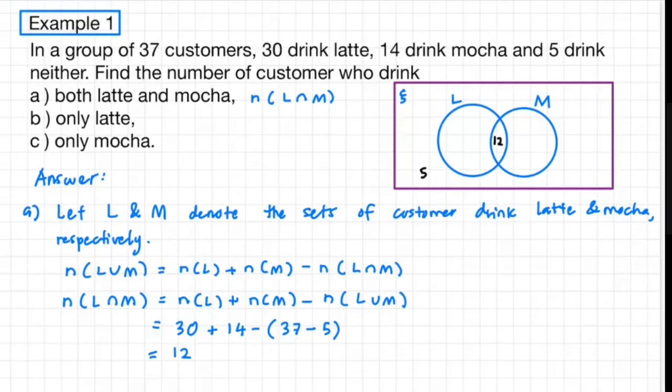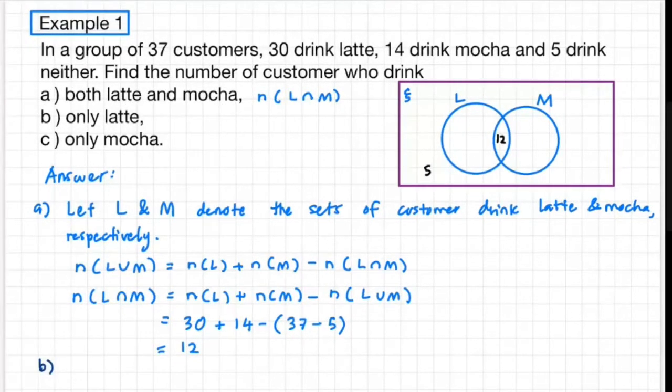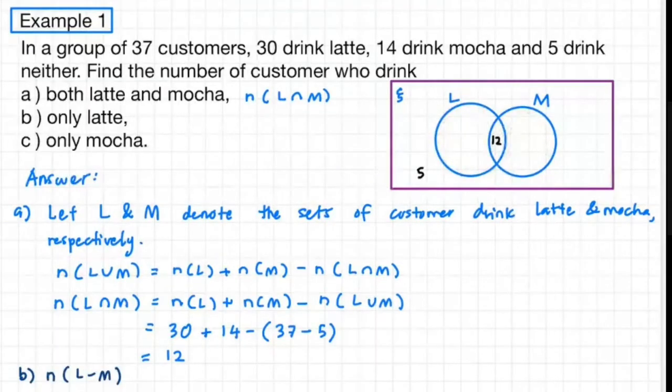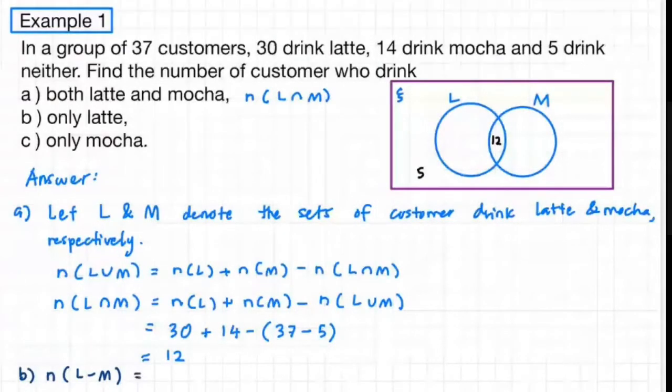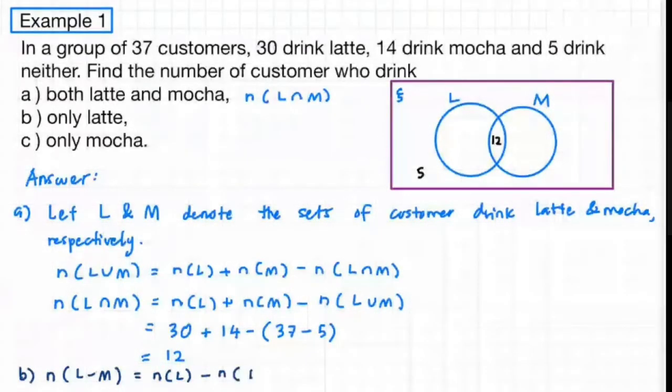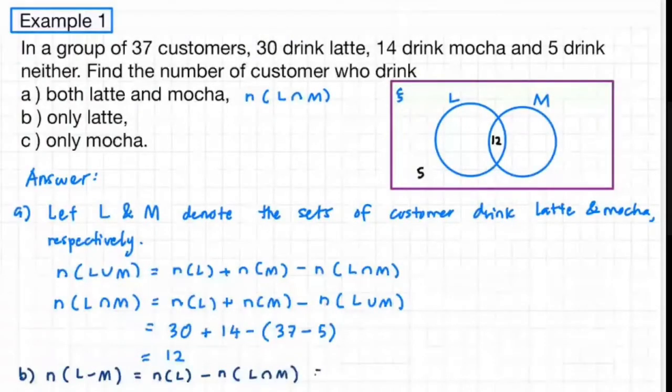Question B, only latte. Only latte means this part. The number of elements of L minus M is equal to the number of elements in L minus the number of elements in L intersection M. So the number of elements in L, 30, minus 12.